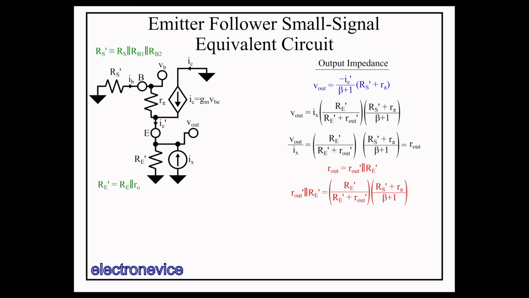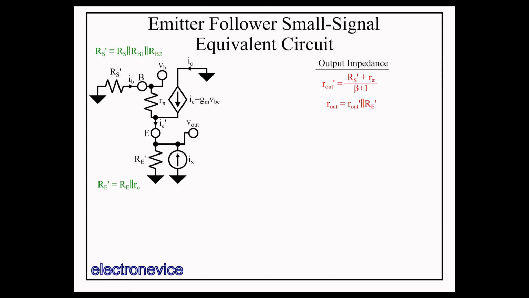Now we finally have one equation and one unknown. So with some simplifying, canceling out, and rearranging, we get an expression for Rout' in terms of known parameters. Now we can use our definition of Rout' to calculate Rout in terms of known parameters by substituting in our newly calculated expression for Rout' into this expression for Rout.